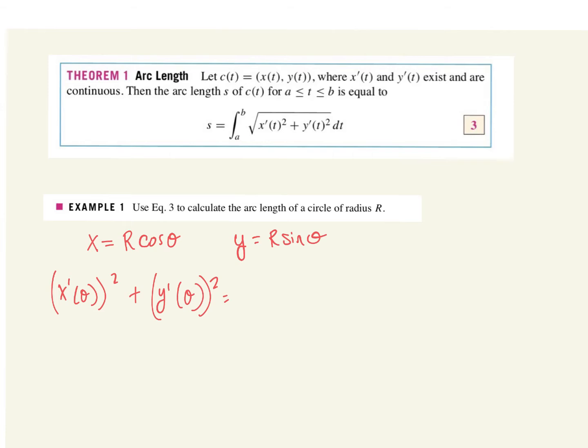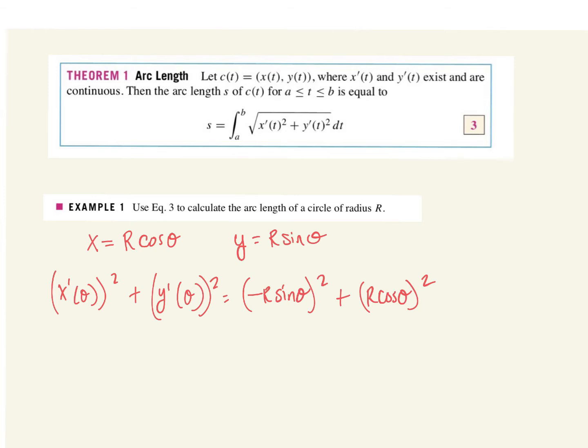So I end up with, when I derive r cos theta, negative r sine theta, which is then squared. When I derive r sine theta, I get r cos theta, which is squared.